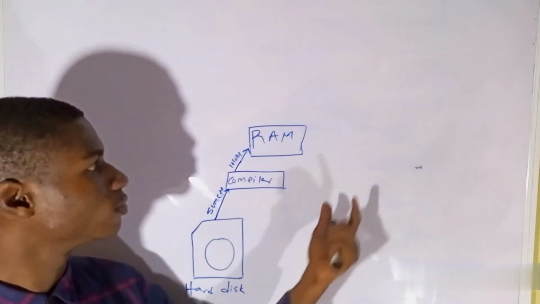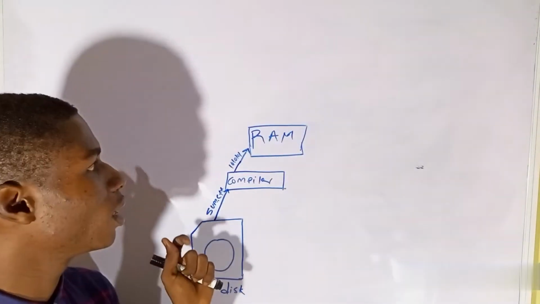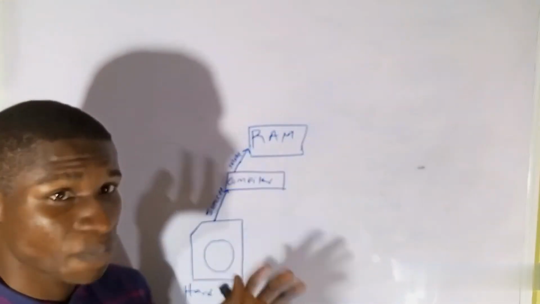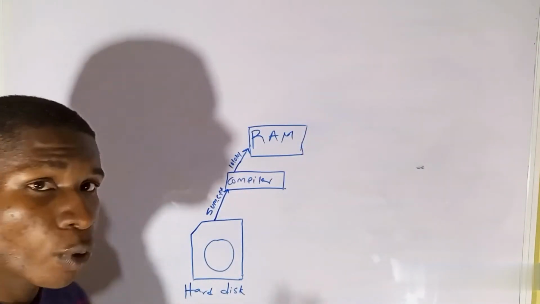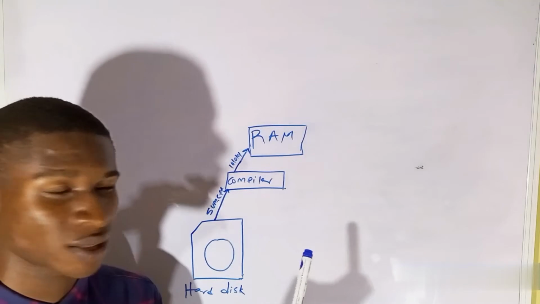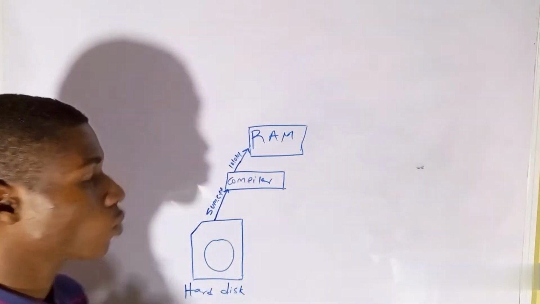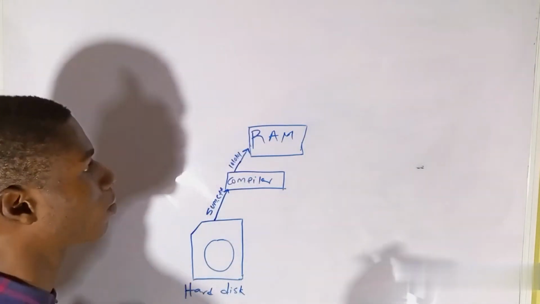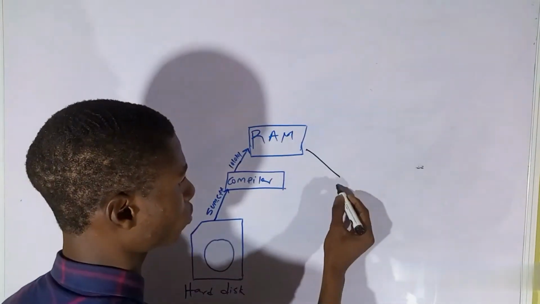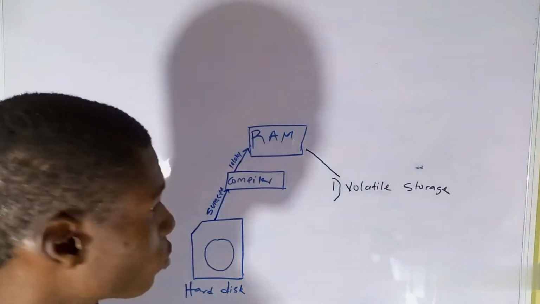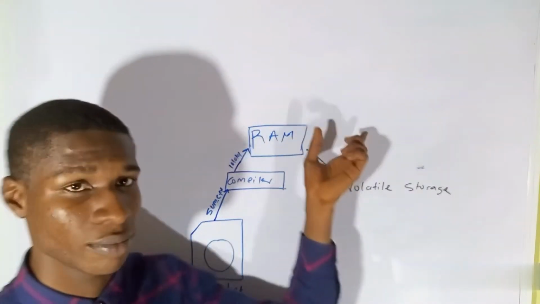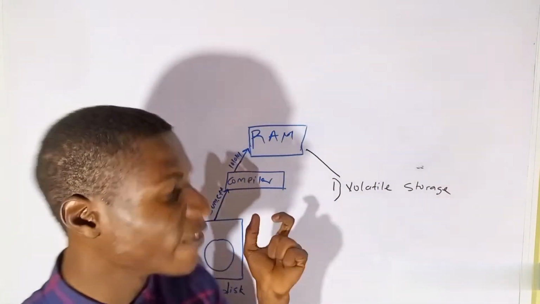However, the RAM has some specific properties, and those properties are what define its function. So what are these properties? The first one is that the RAM is a volatile storage.